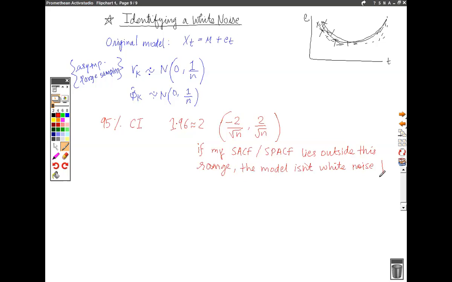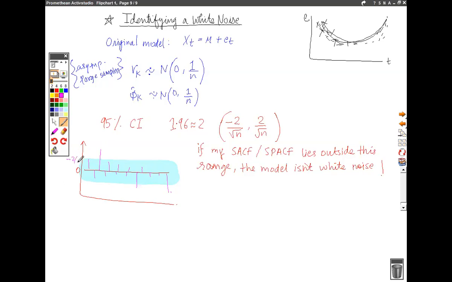When I'm talking about these ranges, let's say this is the line for 0, and you will have an interval around it. If your ACF lies beyond this interval, I'm just plotting randomly now, you have these lines beyond the interval that you have defined, which is -2 upon square root of n and 2 upon square root of n.